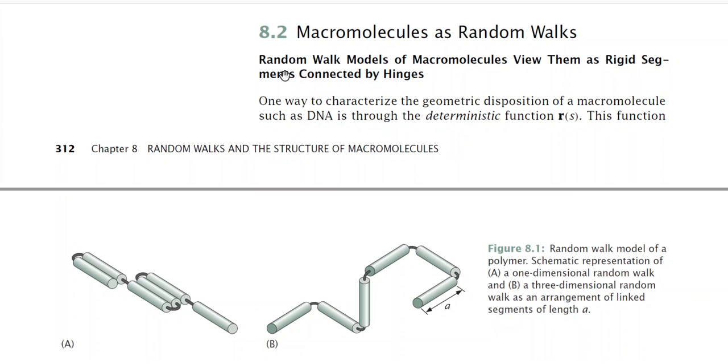So, random walk models of macromolecules view them as rigid segments connected by hinges. One way to characterize the geometric disposition of a macromolecule such as DNA is through the deterministic function R(s).